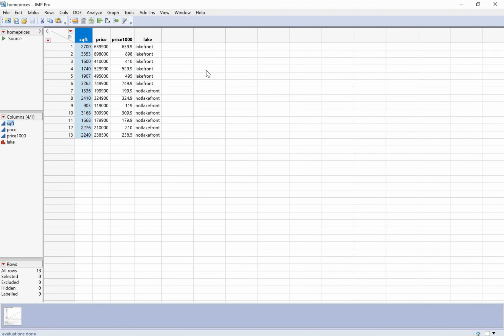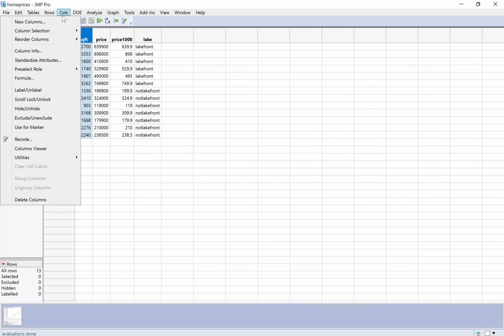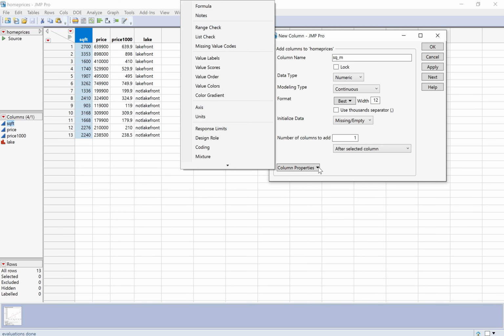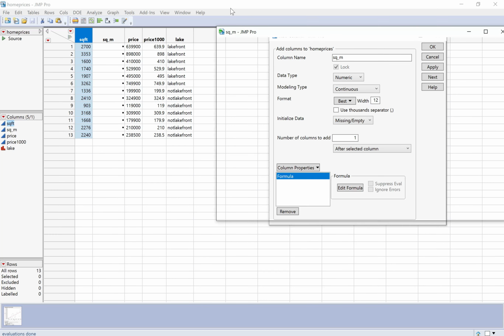And if we wanted to confirm that in the data, we could make a new column that looks at things in terms of the square meters. So I'm just going to do new column, and instead of calling this one square feet, I'll call it square meters. And I'm going to go to column properties and make a formula. This is very similar to what you would do in Excel.